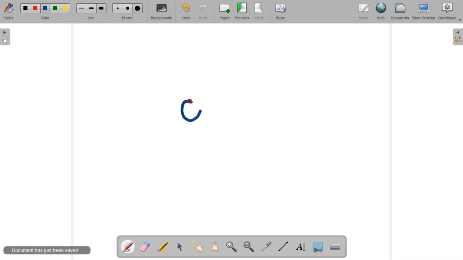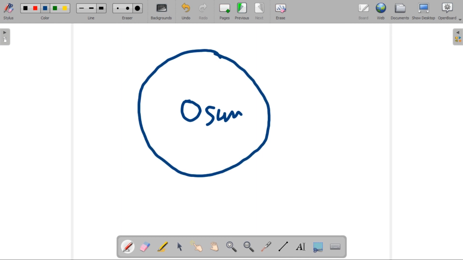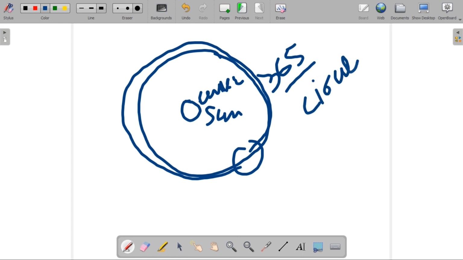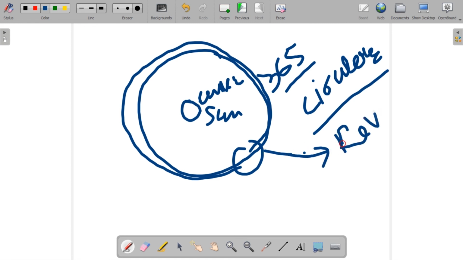This is the sun, and there is a circular path around the sun, and the sun is in the center. The earth revolves around it like this, in 365 days. It is circular motion. Which circular motion? Revolutionary circular motion, revolution.